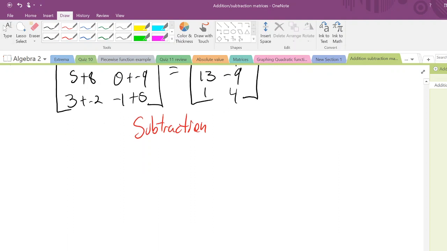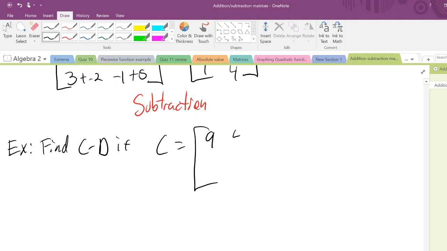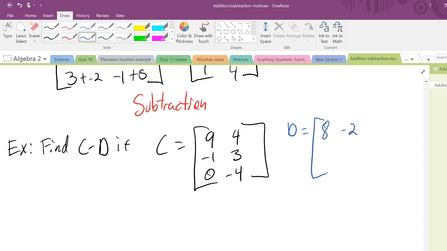Alright, so for example, find C minus D if C is equal to 9, 4, negative 1, 3, 0, negative 4, and D is equal to 8, negative 2, negative 6, 1, 5, and negative 5.